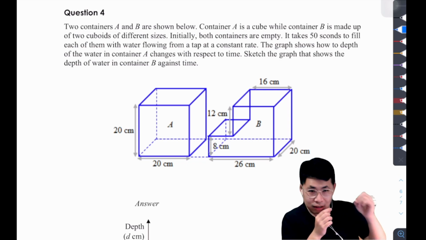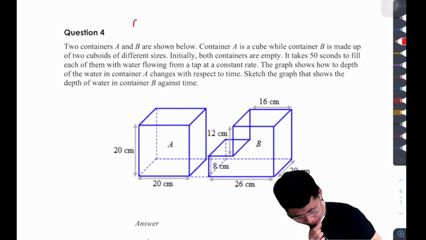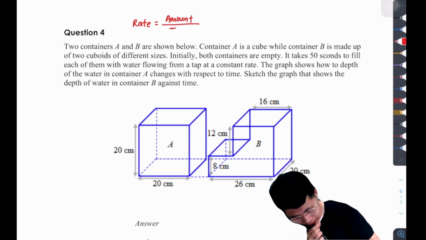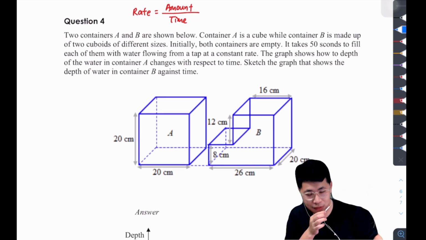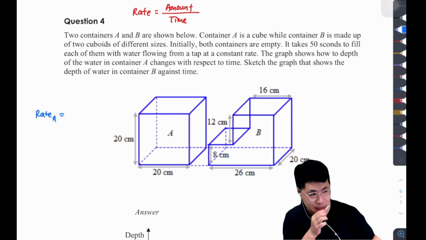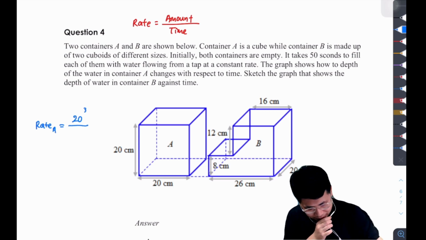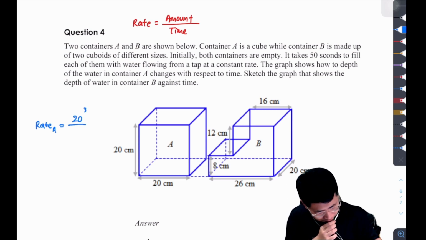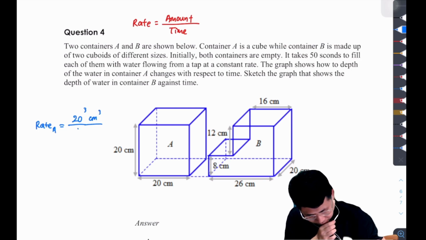So let us find the rate at which the volume is filled by A. Let us remind ourselves that the formula for rate is equal to the amount divided by the time it takes to complete that amount. Applying it now for A, the volume that we need to fill is 20 cm cubed, and the time taken is 50 seconds.